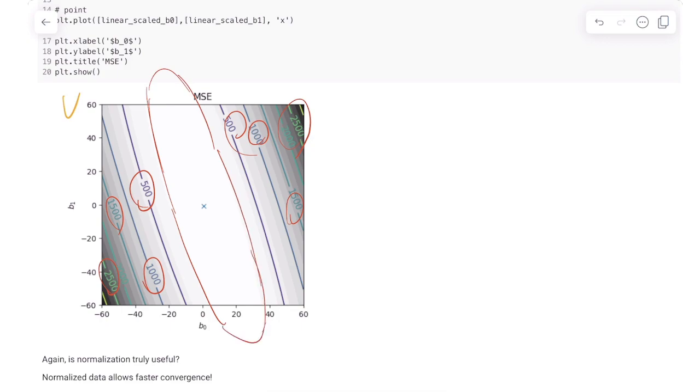So even if you randomly select A0, B0, when you perform gradient descent, it is much easier for you to find the smallest A star and B star right here, because this basin is smaller.